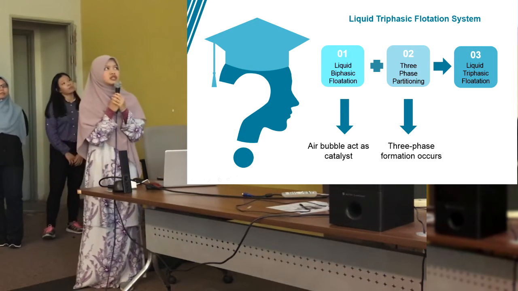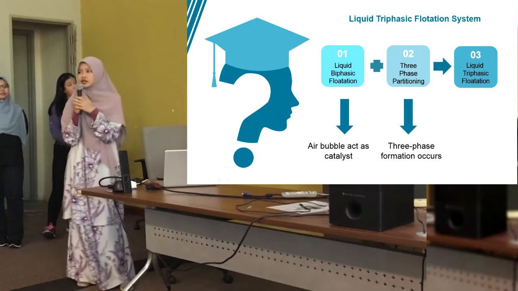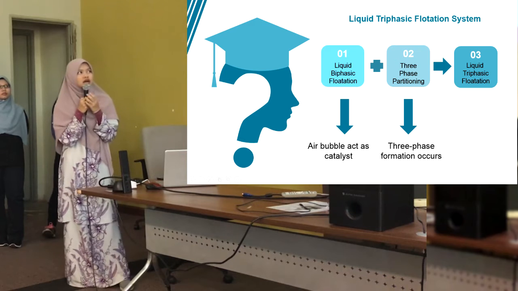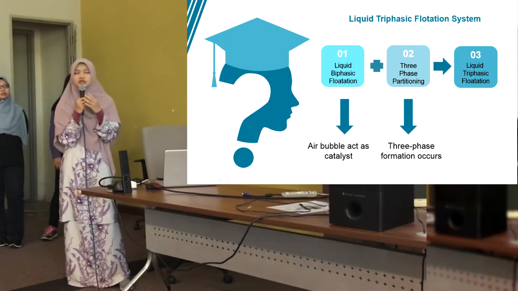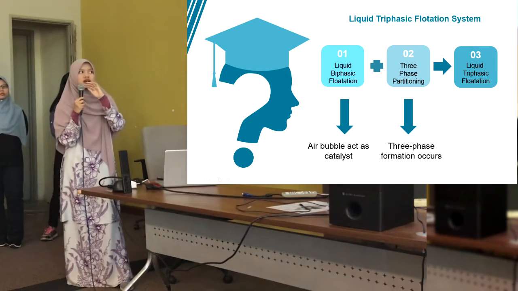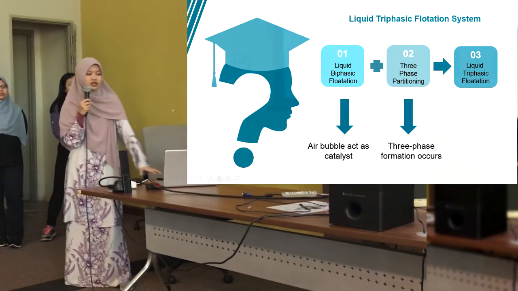In liquid biphasic flotation, a bubble is used to act as a catalyst, and in three-phase partitioning, a three-phase formation occurs, where the intermediate layer is the desirable protein that we want.